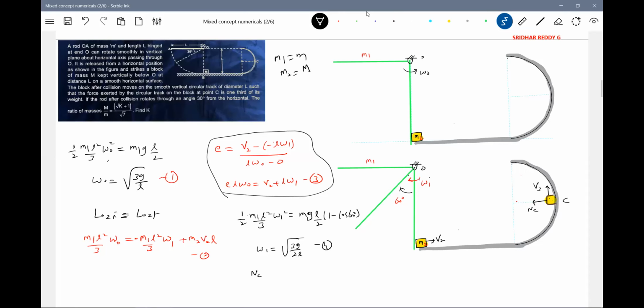So N_C should be equal to mg by 3. Then N_C should be equal to m vc square by r.